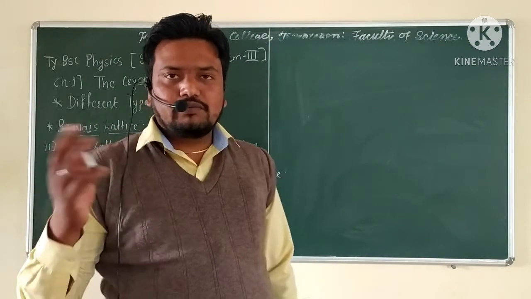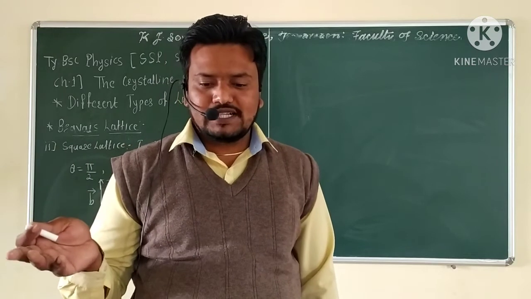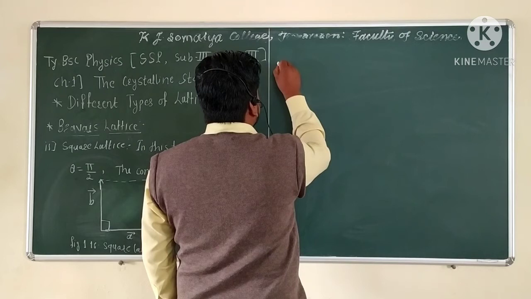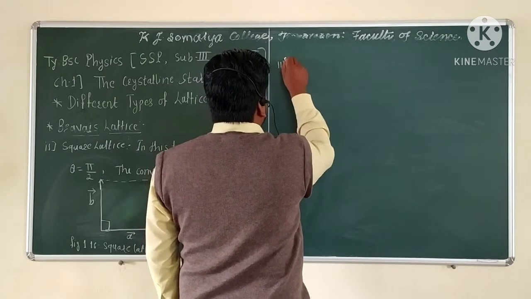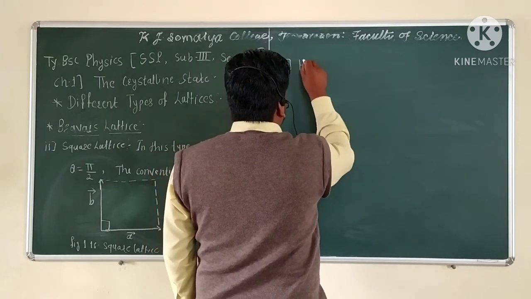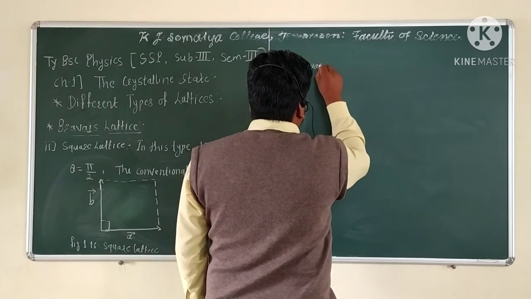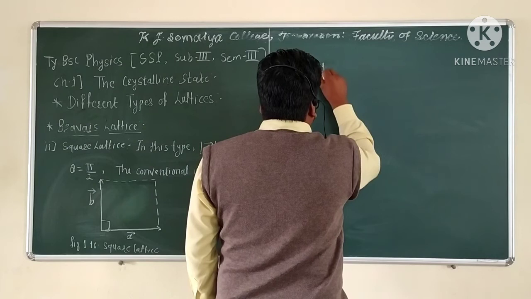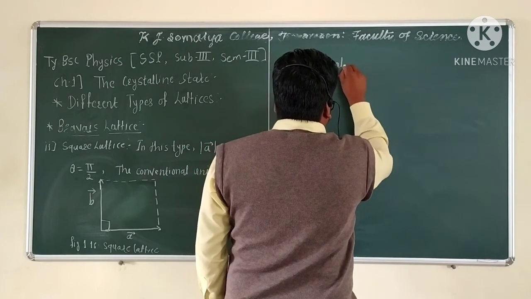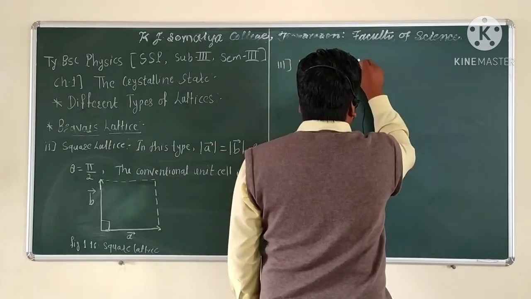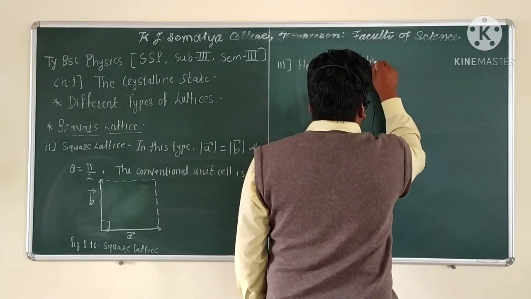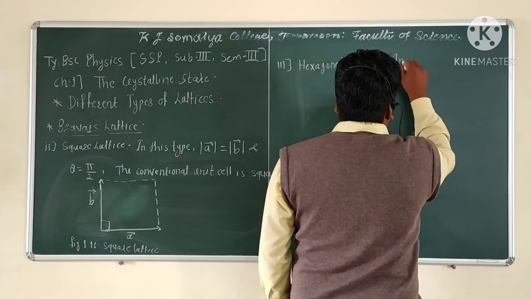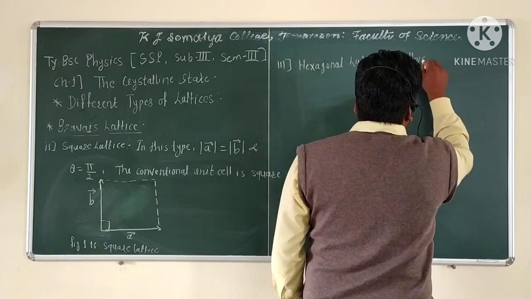So the next main type of two-dimensional Bravais lattice is the hexagonal lattice. This is the third type, the hexagonal lattice.